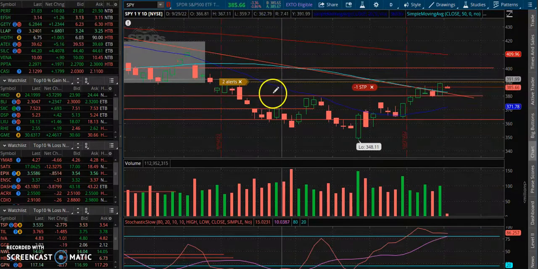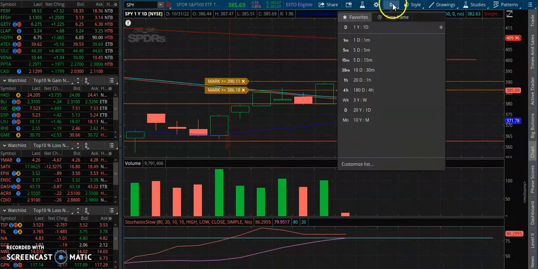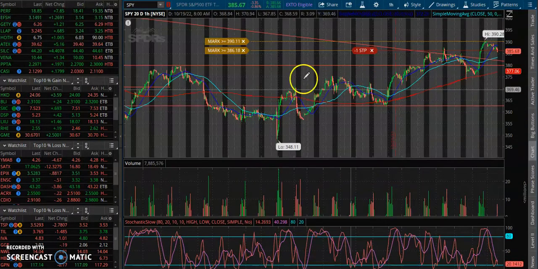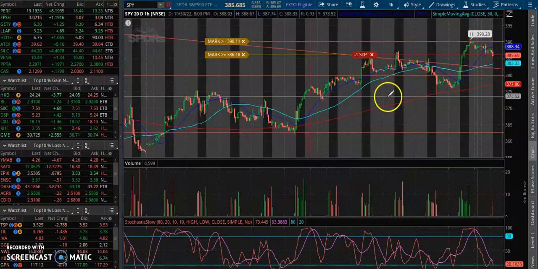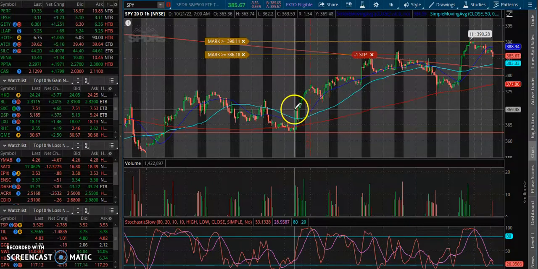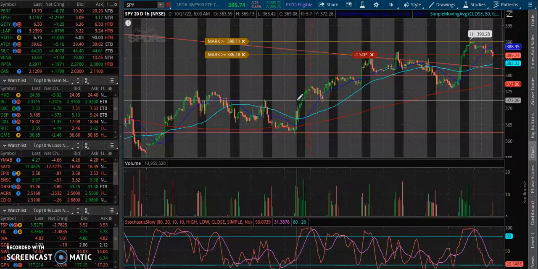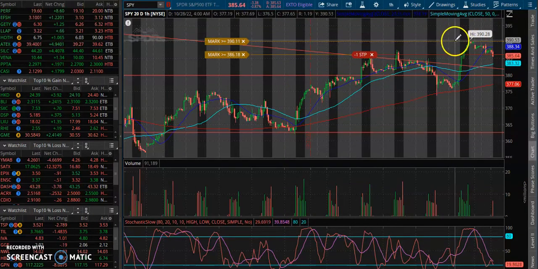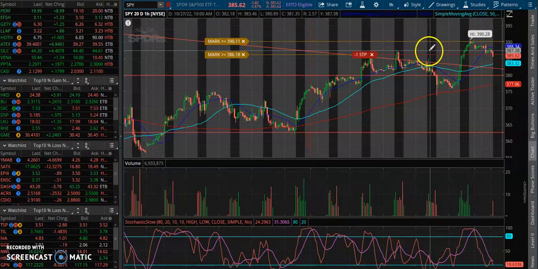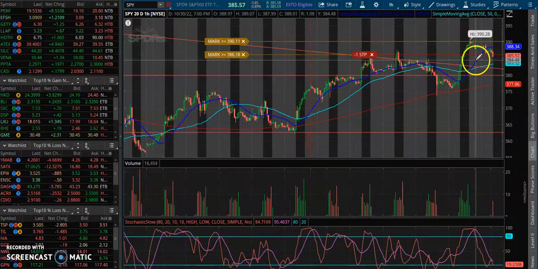All right, let's go ahead and put this on the hourly 60-minute. If you know 369 was where you started and 390 was where you finished, then you're going to be more inclined to trade this range properly.